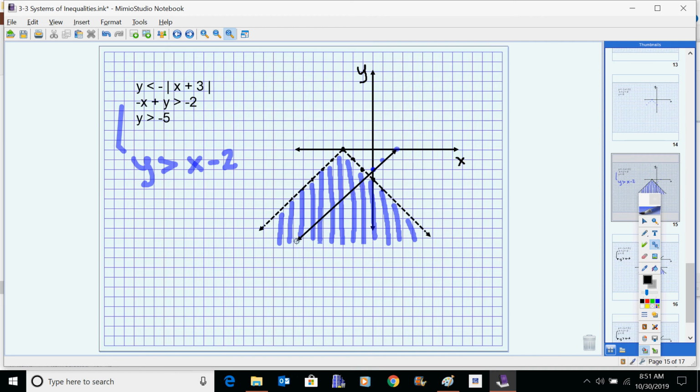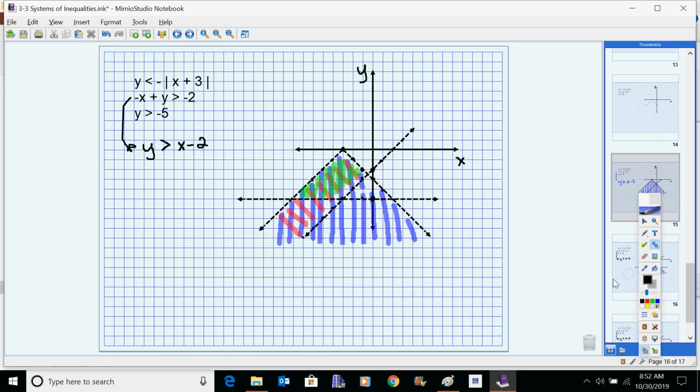Oh wait, what mistake did I just make? It should be, yeah, good. It should be dashed line, so we'll change it to dashed line. So we've got the dashed line going down through there very carefully. And then which way, above or below it? Above it, so that's going to eliminate this stuff down here.